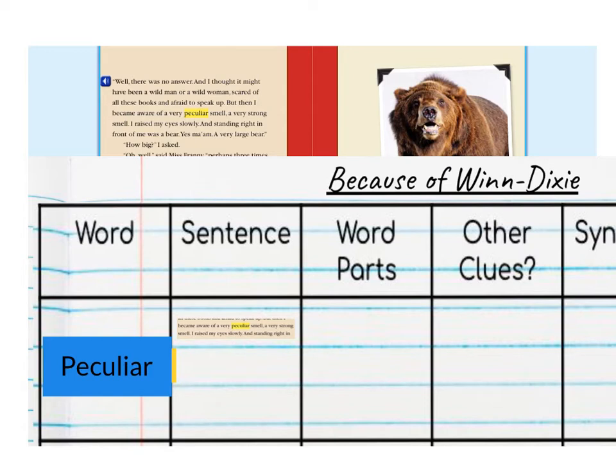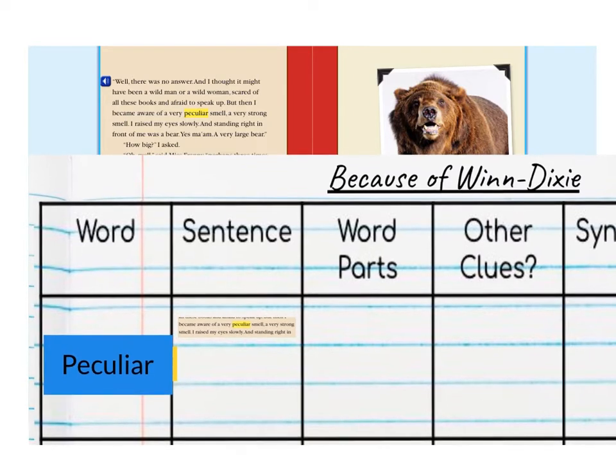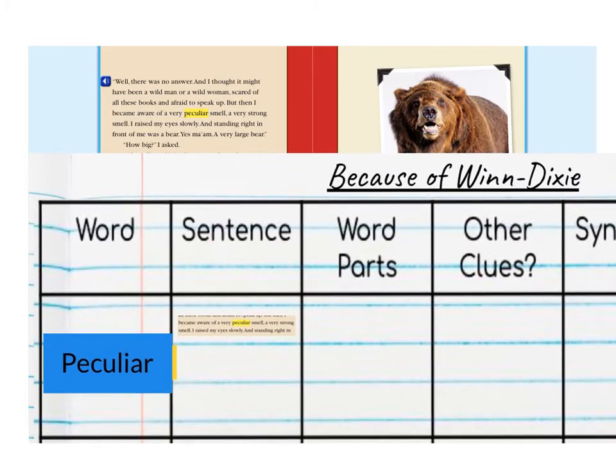I raised my eyes slowly, and that's straight from the text. So now I'm thinking about any word parts in or around the word that can help me. Now I'm noticing the word part IAR, which doesn't necessarily help me unless I know its meaning. And that is a good reading strategy, to know several prefixes and suffixes. But right now I just want us to focus on pulling out those word parts. So I don't see any others inside the word.